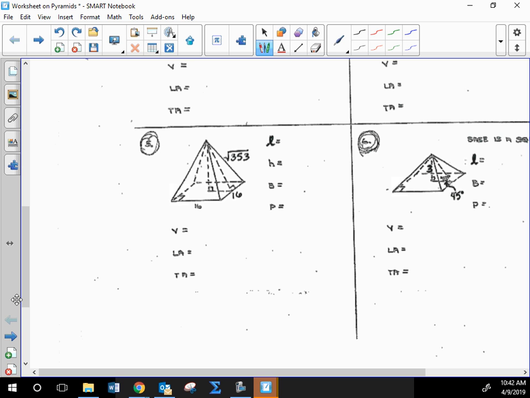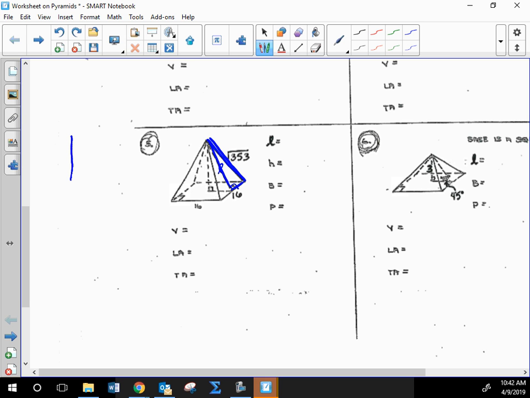I'll wait for you guys when you're ready. For number 5, root 353 we said is a lateral edge. So now I want to use that to find my slant height.